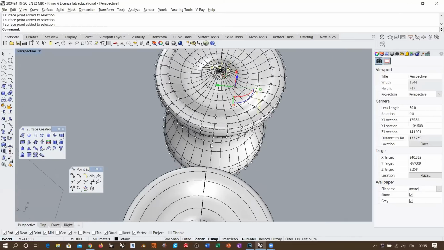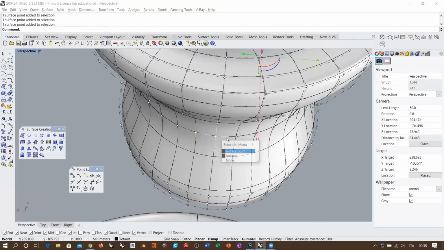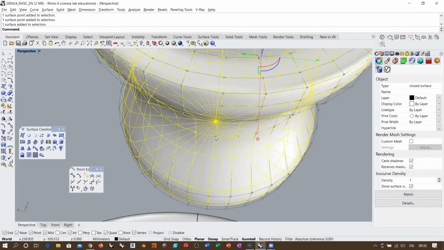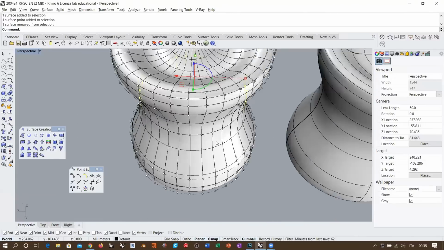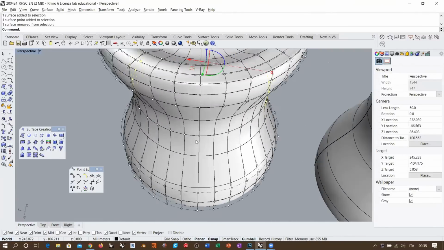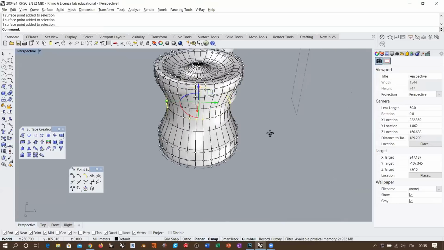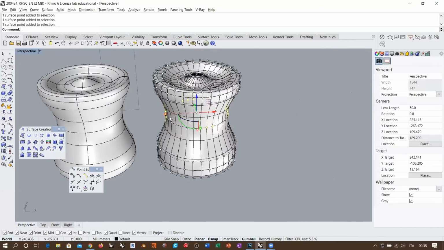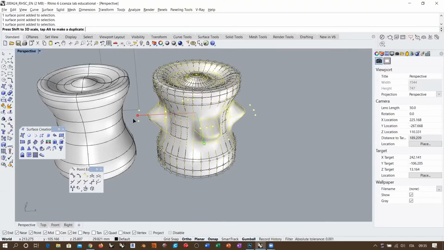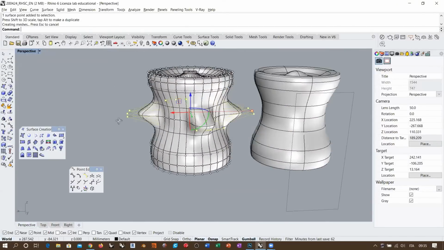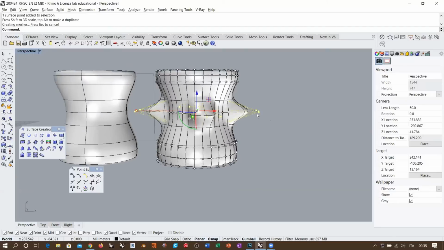I'm just going to concentrate on 3 control points per quadrant, like this, and also like here, 3 control points per quadrant. Okay, so I have this set of points, and now I can do whatever I want with these points, because this is going to result in an organic deformation.